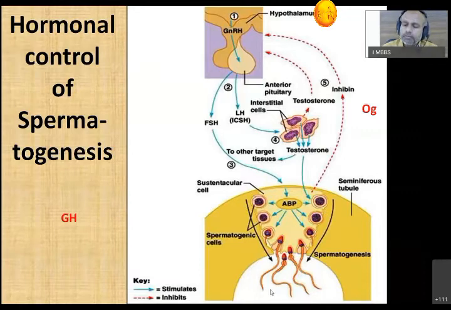Once the sufficient amount of daily formation of sperms is achieved, the Sertoli cell secretes hormone inhibin, and that inhibits the anterior pituitary from further release of gonadotropins, FSH and LH. Testosterone, after the desired level in the blood, directly inhibits the hypothalamus and gonadotropin releasing hormone through negative feedback.